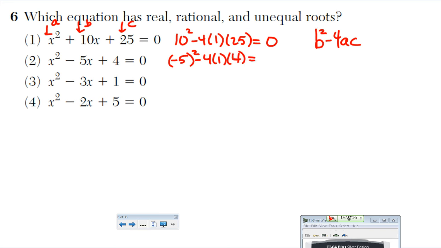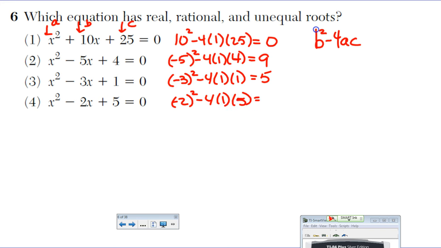If you calculate that, you're going to get 9. Choice 3, you're going to get negative 3 squared minus 4 times 1 times 1, and you're going to get 5. And choice 4, negative 2 squared minus 4 times 1 times 5, and you're going to get negative 16.